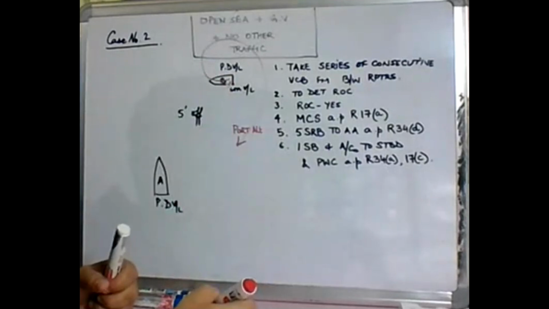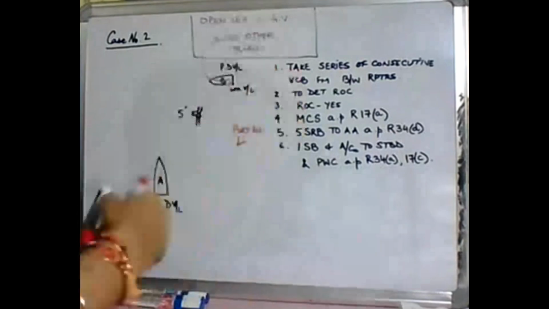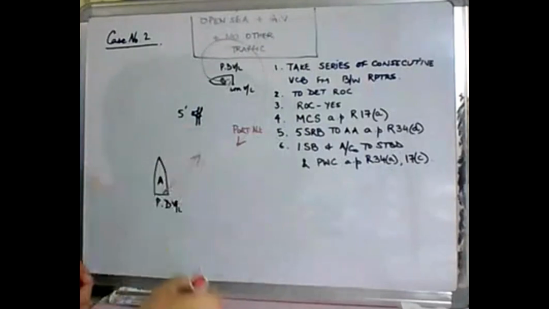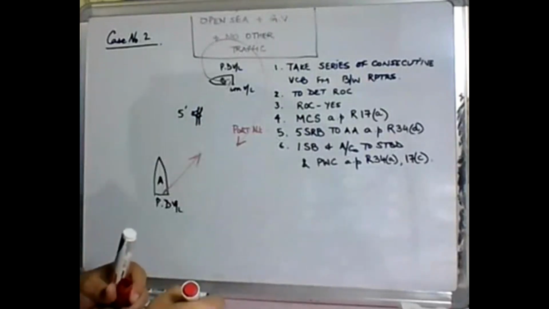Negative. This is port alteration. Not allowed. What if you do this and at that point in time he says, okay, I'll go as per ROR and I'll alter to starboard. Fair? What will you do now?